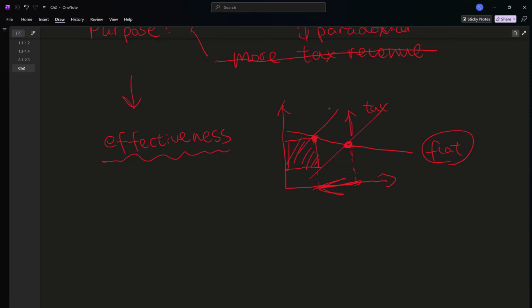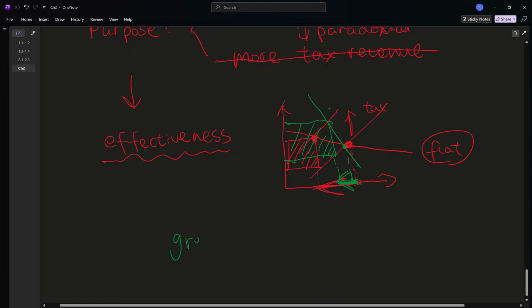But if we do it differently, the demand curve is quite steady. So this is this amount of tax. I would say even the tax revenue is higher, but you only reduce the consumption from here to here, which is much less.